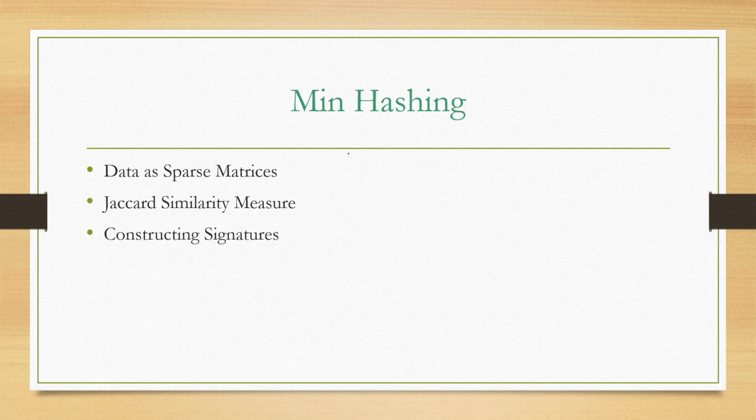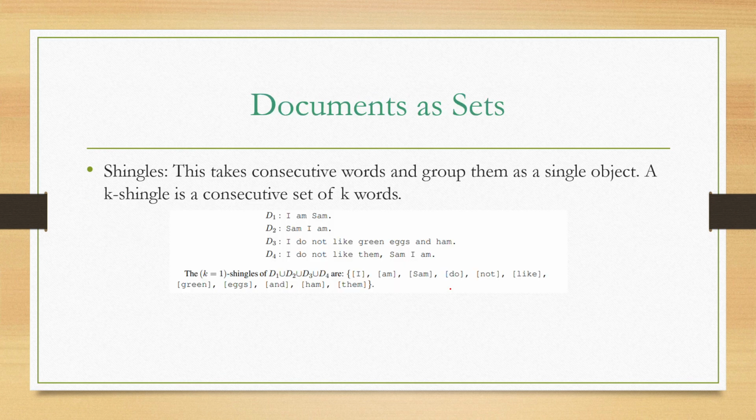Prior to that, for how to obtain min hashing, we might be constructing data as a sparse matrix. We can find the Jaccard similarity measure and construct the signatures. Let us now discuss how we can represent documents as a set using the shingles which we have discussed.